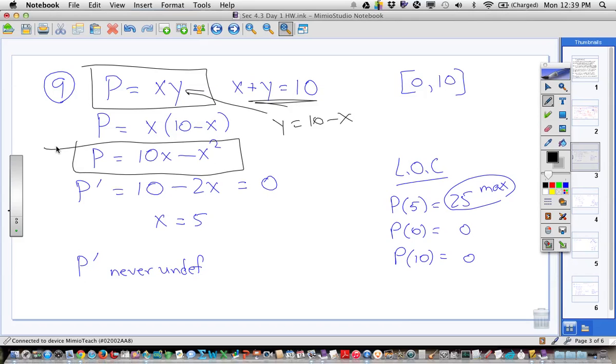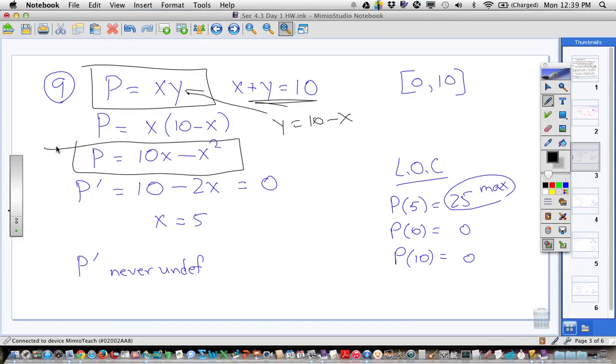Why? What did it say in this problem? Well, it talked about a reasonable interval, but what did it tell you about what the two numbers had to be? They add to 10, but what else did it tell you about the numbers? Oh, it just said non-zero?